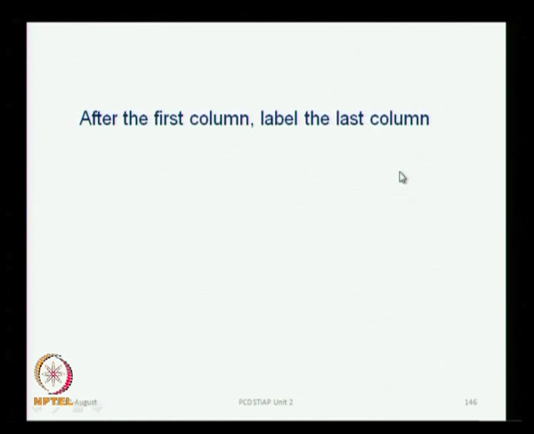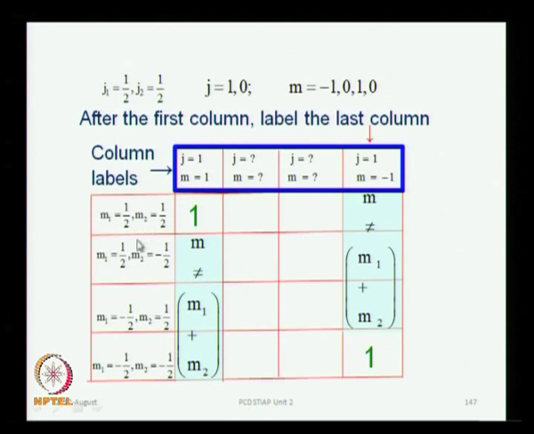So, we will now label the last column with j equal to 1 and the lowest value, which is the maximum negative value that the corresponding m value can take, because what this will do is to give you in this position, which is the element in the last row and the last column, this value will also turn out to be 1, because that is the only combination which is possible there.